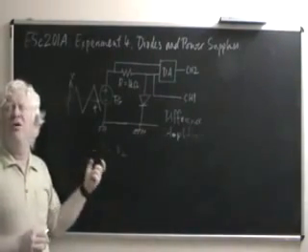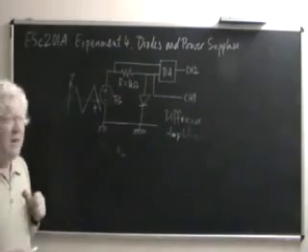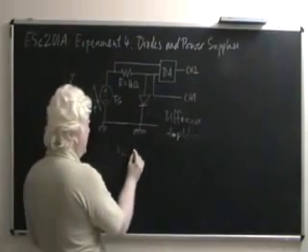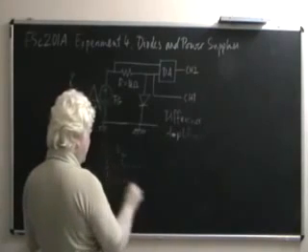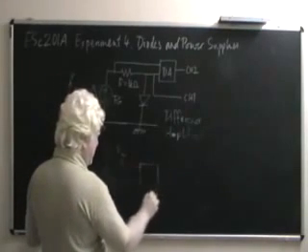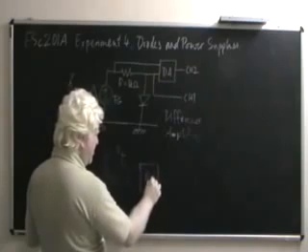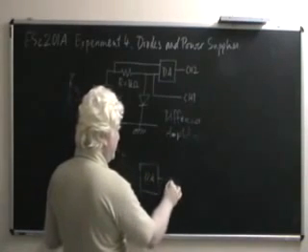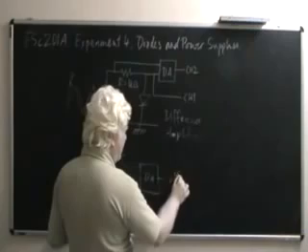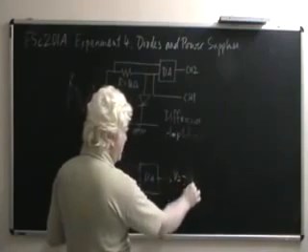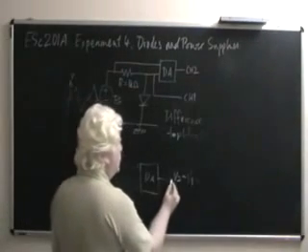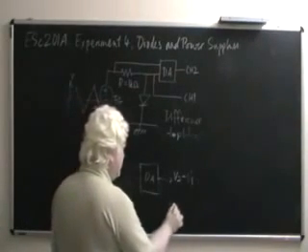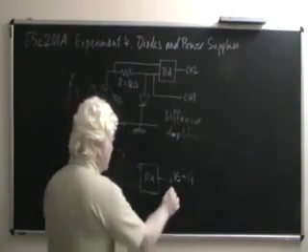Both these values are with respect to the ground, and on accepting these two inputs, V1 and V2, the difference amplifier produces V2 minus V1 with respect to ground. It produces a single voltage which is measured with respect to ground.